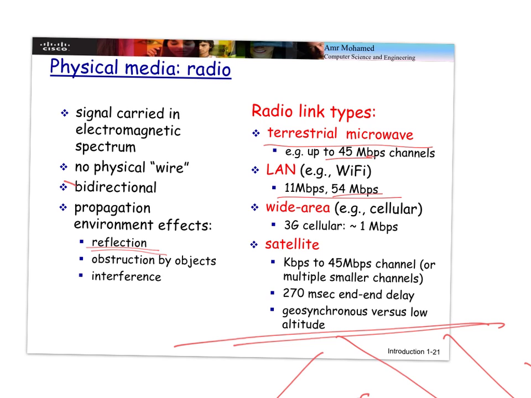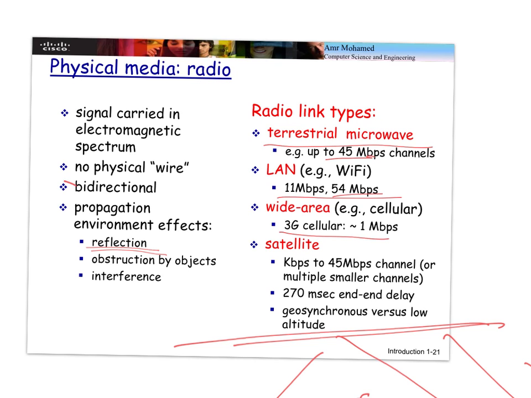Wide area, like for 3G, again, you start from 1 megabit per second. Nowadays we have 4G, which again gets very close to 300 megabits per second. Okay. Of course, satellite communication is a totally different domain.